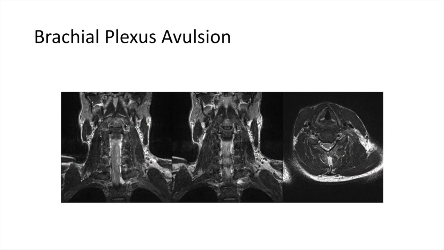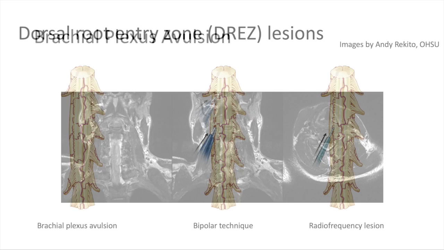Traumatic brachial plexus avulsion, as demonstrated on this MRI with pseudomeningocele formation and avulsion of the superficial layers of the dorsal horn, can produce a profound deafferentation pain syndrome and what is often a completely insensate and paralyzed upper extremity.